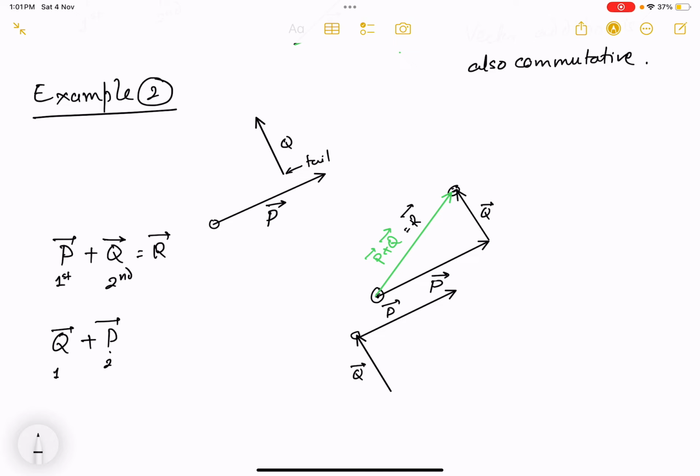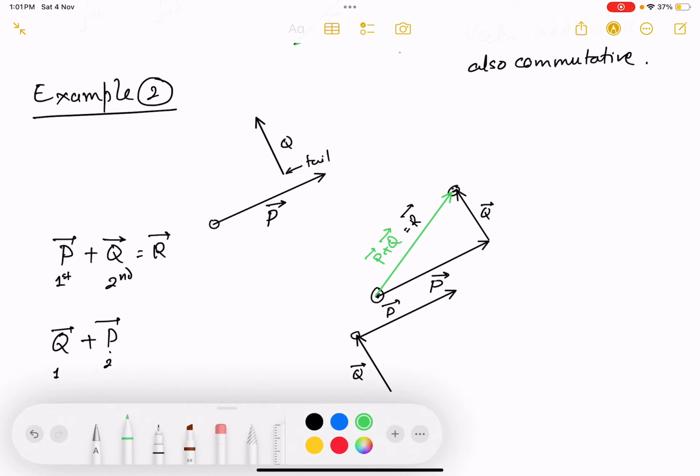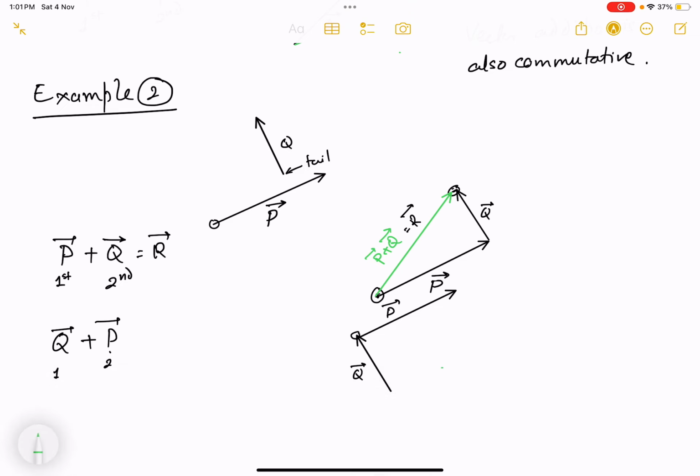Therefore, what is your sum vector? Sum vector will come from where? Q plus P. No. From where to where it will be drawn? From the tail of Q to the head of P. The sum vector will be drawn from here to here.